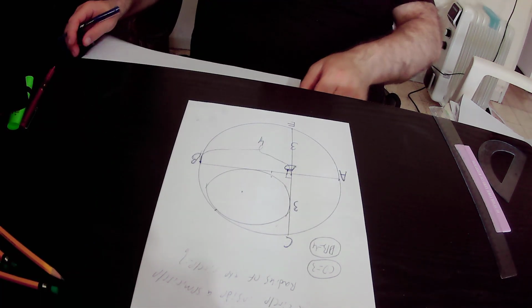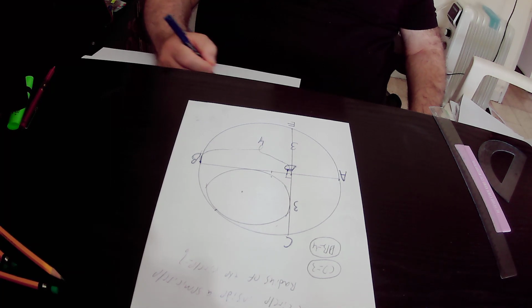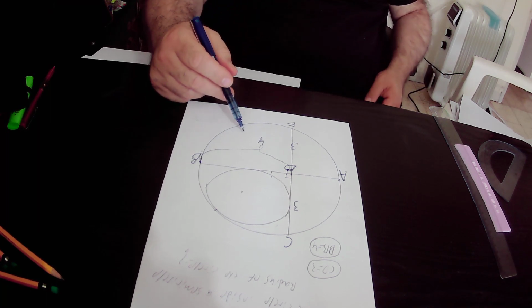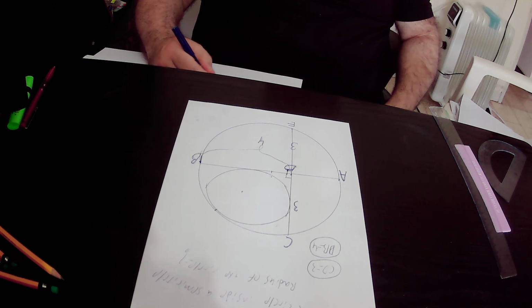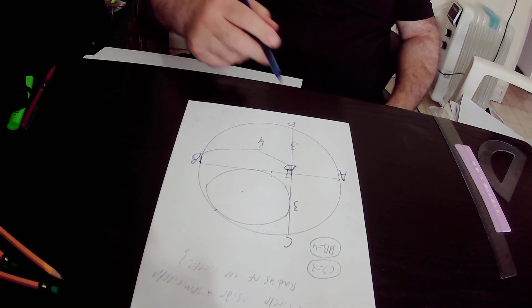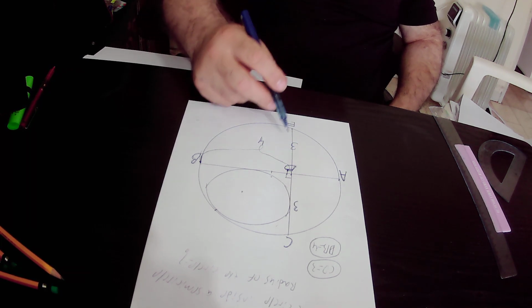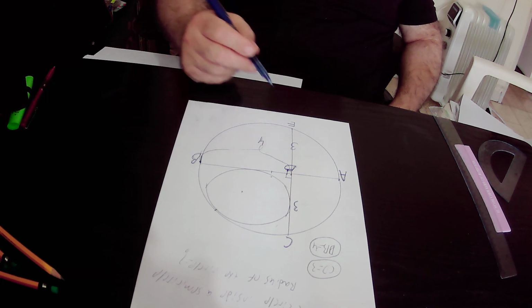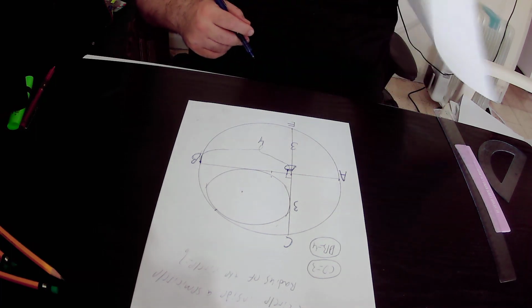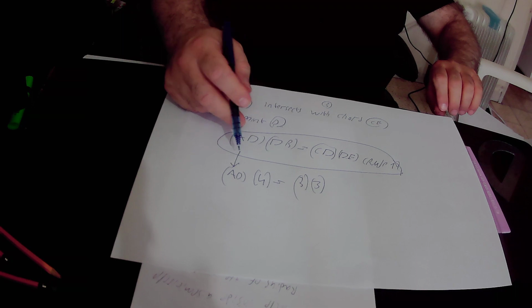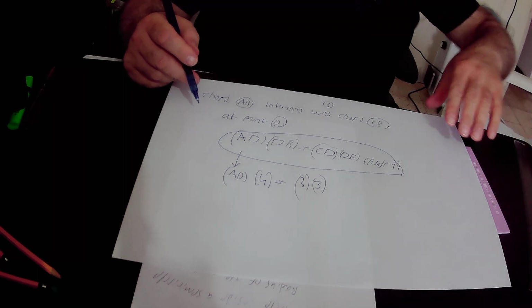So here AD is the missing line segment, so we will leave it as it is. DB equals 4 units according to what is given in the question, so we will substitute DB by 4. And it is equal to CD, which equals 3 units, times DE. We have already found that DE equals 3 units. So AD times 4 equals 3 times 3, and 3 times 3 is 9.